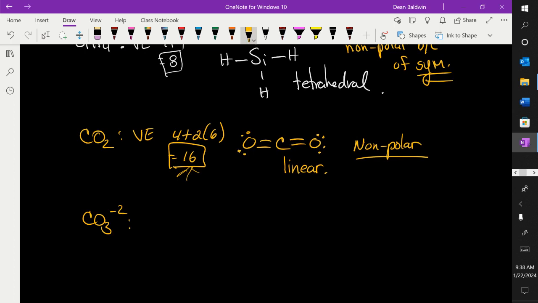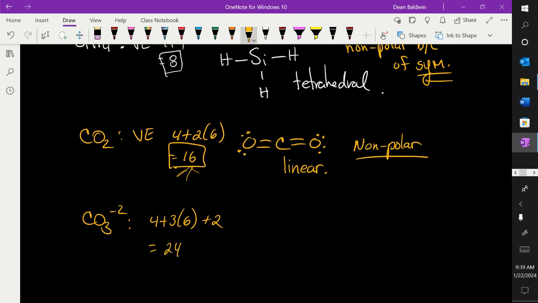Carbonate. Figure out your valence electrons. 4 plus 3 times 6. We have 2 negative charge, so I have to add in 2 extra electrons, right? So that should give me 24.